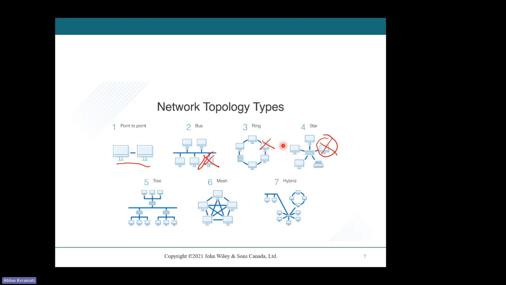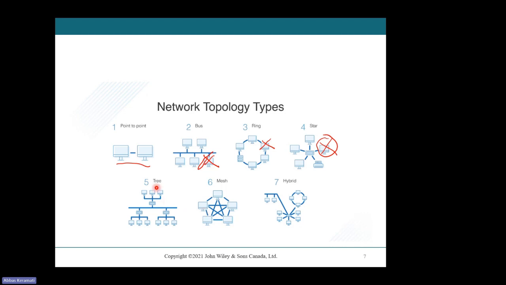But as you can see, you need more cables, more mediums, more devices for BUS and star. So the ring is less expensive, but its disadvantage is that if one of them fails, the rest would fail.